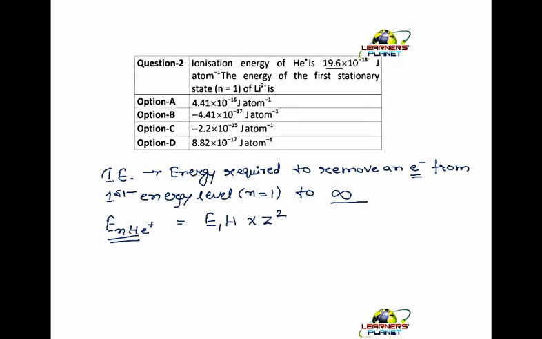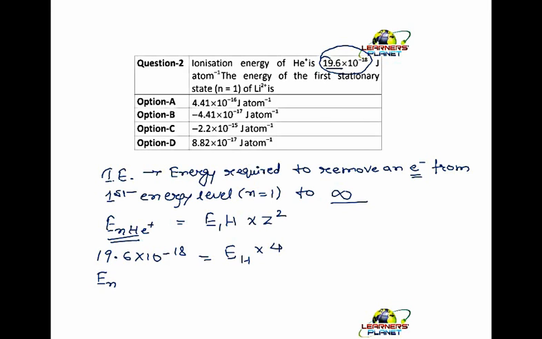It means this much amount of energy is required to remove that electron from the first energy level. It means that electron is possessing this much amount of energy. So what I can write here is 19.6 into 10 to the power minus 18 is equal to E1 of hydrogen multiplied by, what is the atomic number of helium? It's 2, so it is 4.